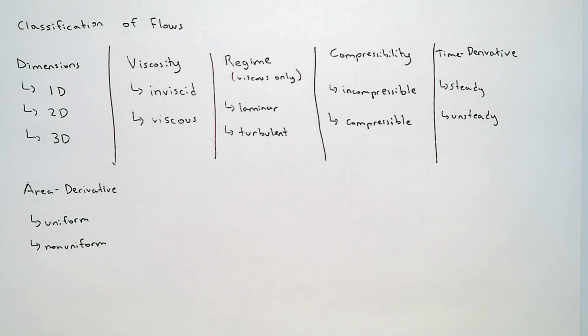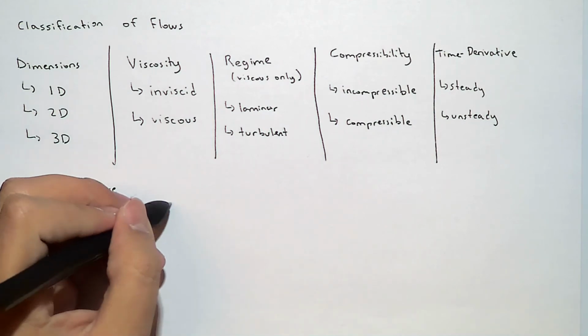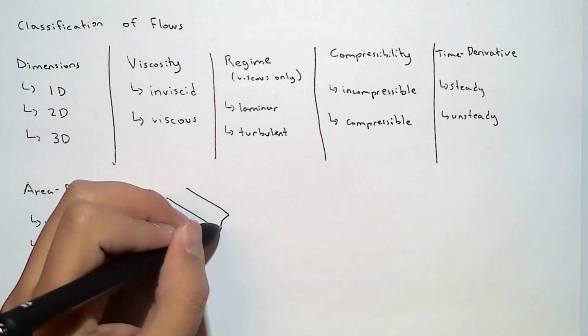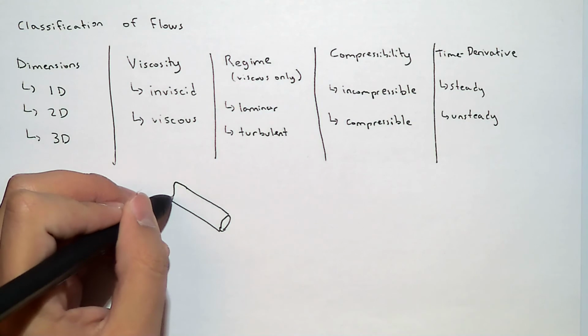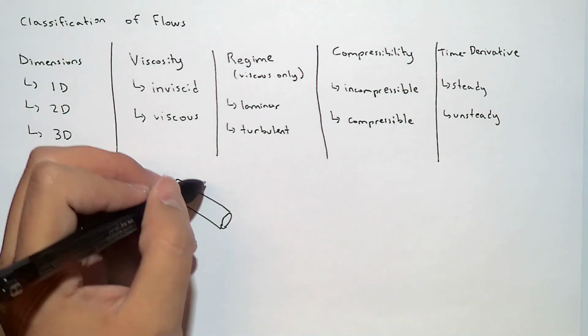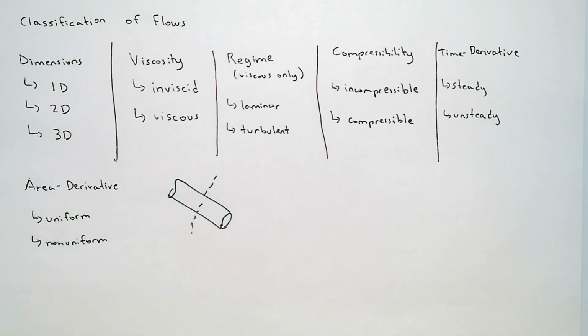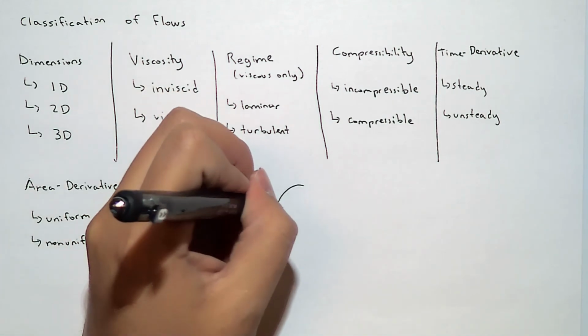And through a normal area to that streamline. That normal area to the streamline is called a cross-sectional area. For example, if I'm looking at flow in a pipe, and I want to take a cross-section of that pipe, what would that cross-sectional area look like? A circle. Yep, a circle.